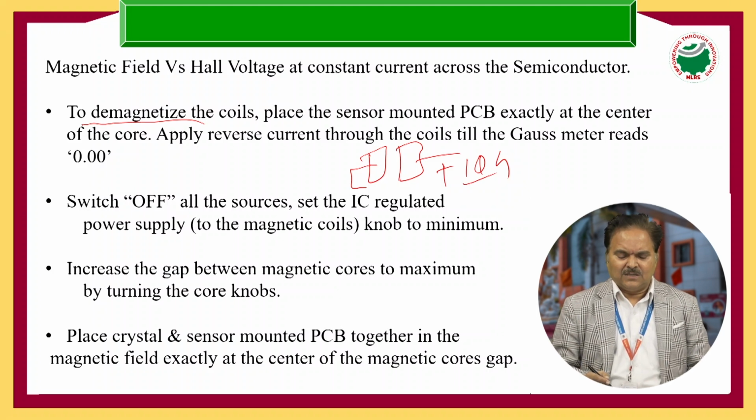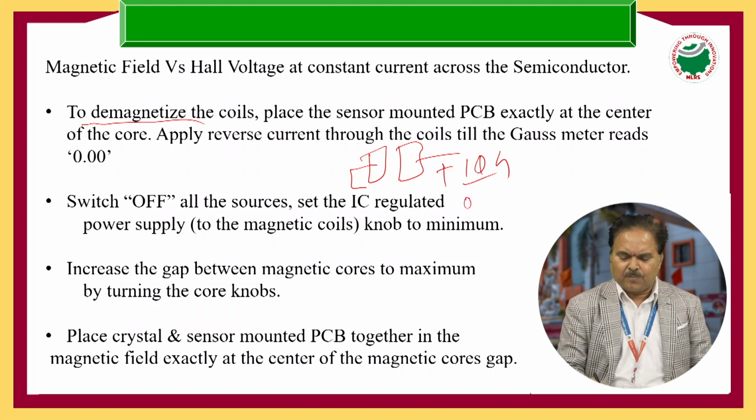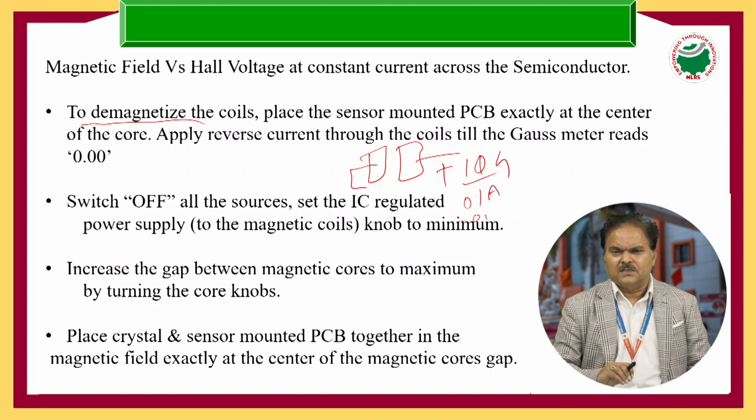For that demagnetization, we reduce and increase the current. If you increase just 0.1 amp current positive, then reduce it to minus 0.1 also, that means you change the polarity, north pole to south pole, and the magnetization will be demagnetized.